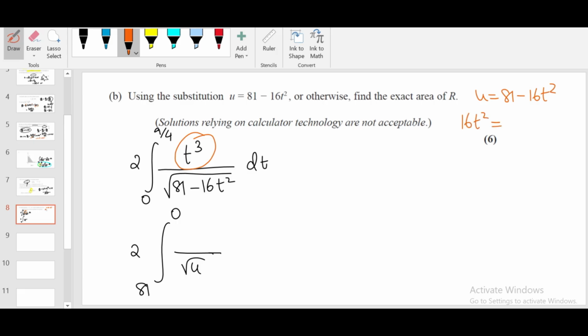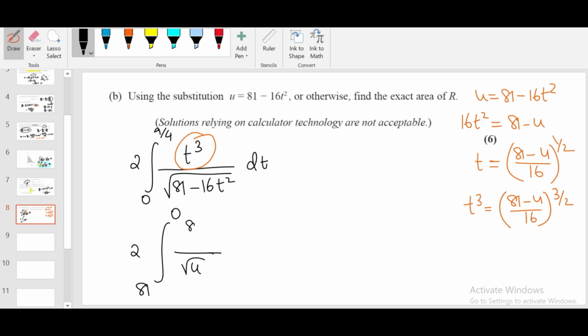Make t the subject: t squared is equal to 81 minus u, all over 16. T is going to be the square root of it. But we need t cube, so cube both sides. This becomes 81 minus u over 16, to the power 3/2.